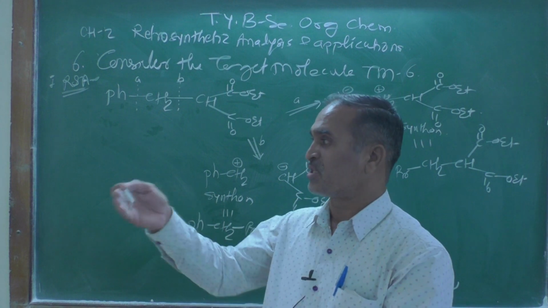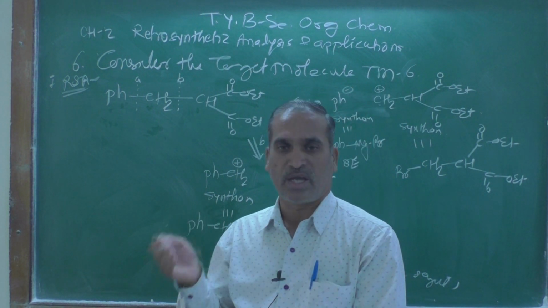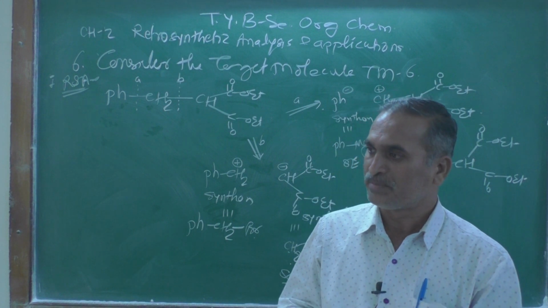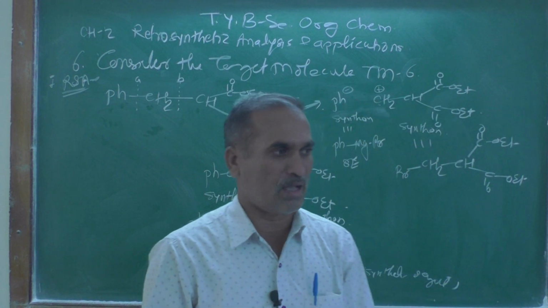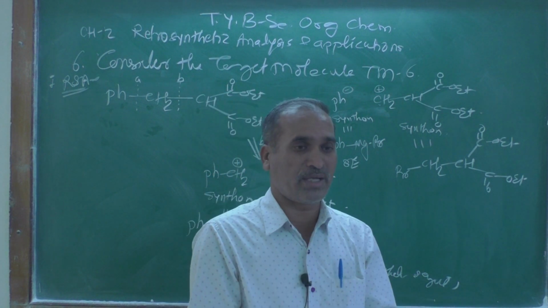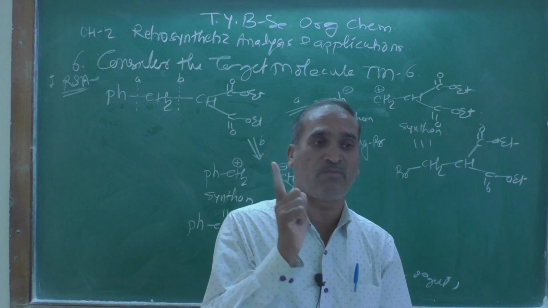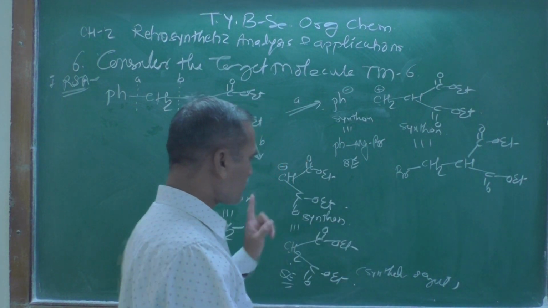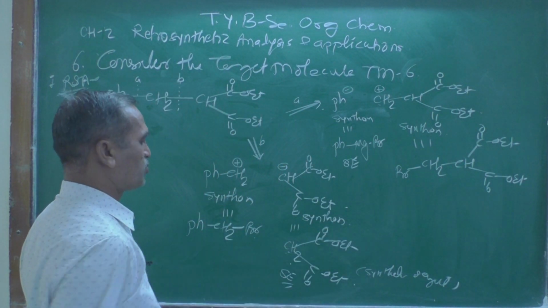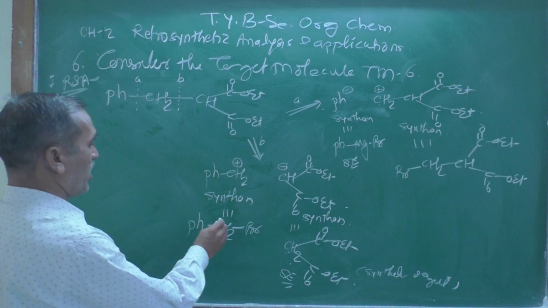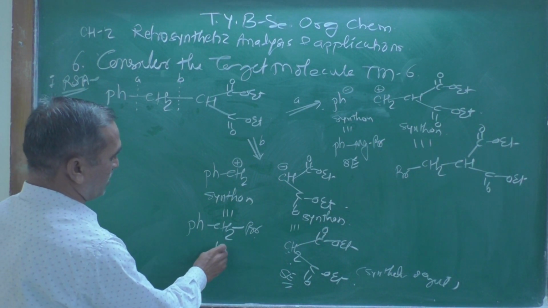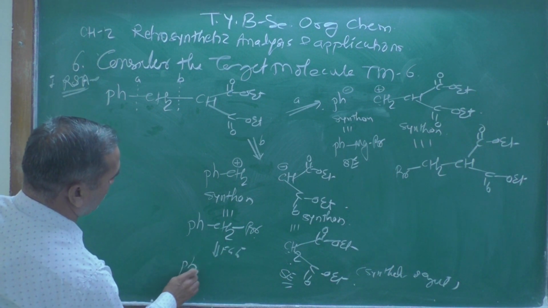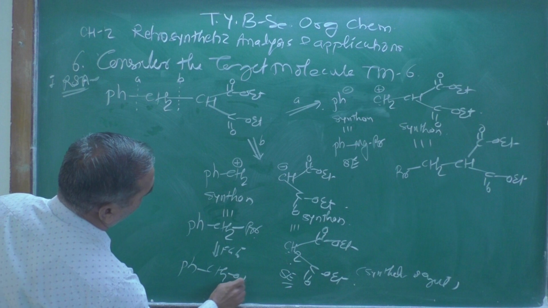By using a base such as sodium alkoxide or methoxide, we can make a carbanion, and that carbanion is well stabilized due to resonance, and that's why this CH2 is known as a reactive methylene group. And this can be obtained by FGI, functional group interconversion, from CH2OH, right?